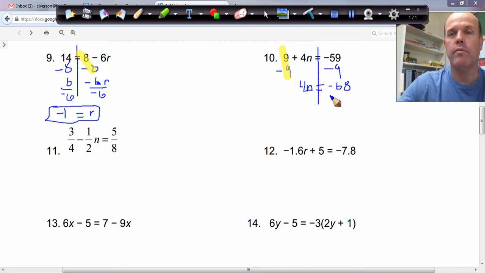Divide both sides by 4, and I get n is equal to -17.